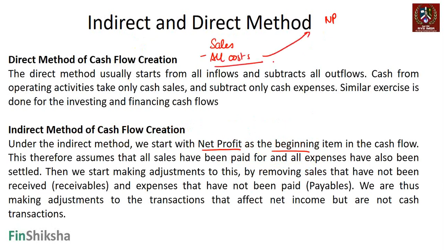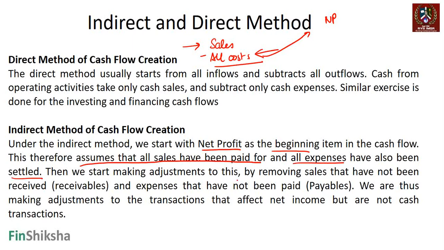So when you start with net profit, you basically make an assumption that all your sales have been received. Your first assumption is all sales have been realized and all costs have been paid. So the assumptions are all sales have been paid for and all expenses have been settled.